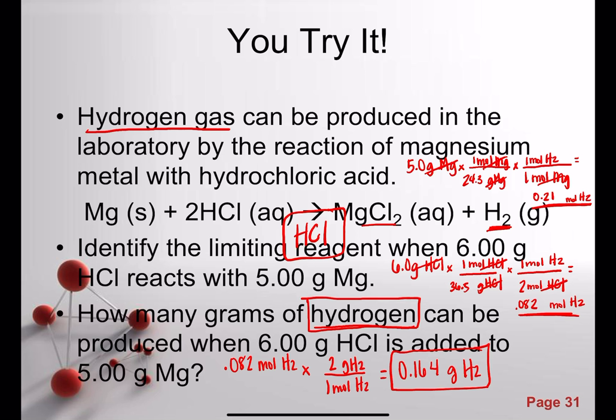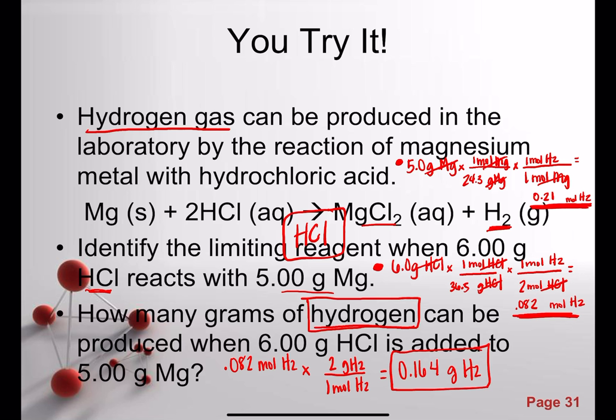It gave us 6 grams of HCl and then 5 grams of magnesium. So I set that up here, 5 grams of magnesium and 6 grams of HCl. 5 grams of magnesium gave me 0.21 moles of hydrogen, and 6 grams of HCl gave me 0.082 moles of hydrogen.